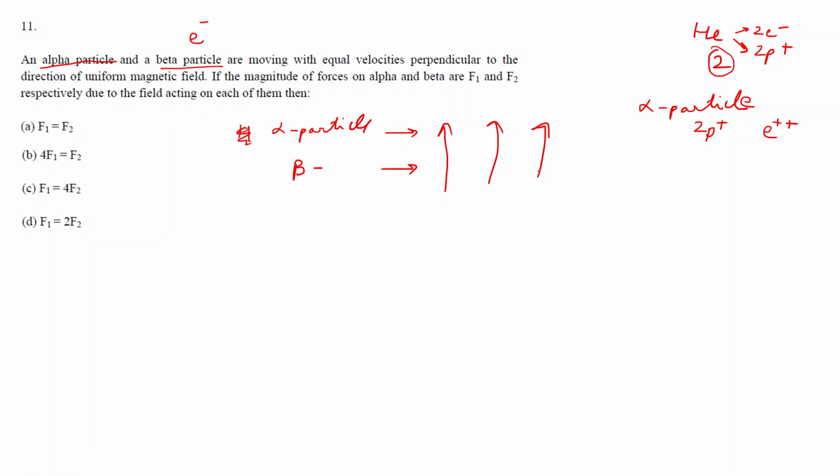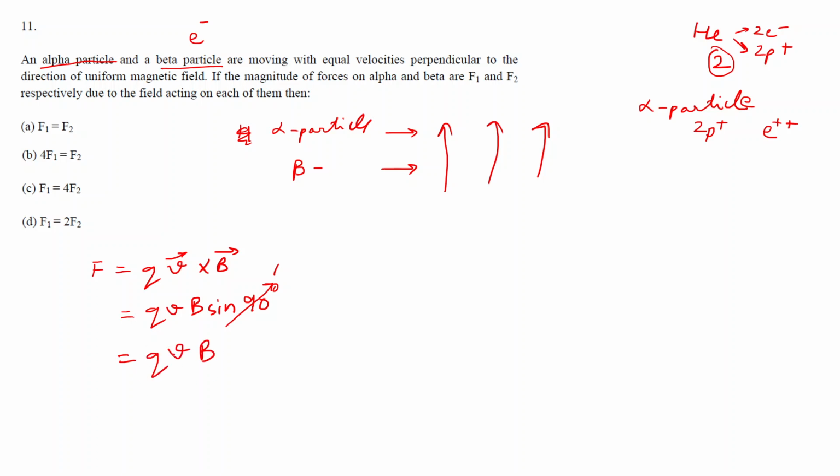We know that if a charge is moving in a magnetic field, then there will be a force acting on it, and the value of force depends on the velocity of the charged particle, its charge, and the direction of the velocity with respect to the magnetic field. Here the magnetic field and velocities are at 90 degrees to each other. Cross product means V B sine theta. Now that theta is 90 degrees and sine 90 degrees is 1. So the force on these charges will be QVB.